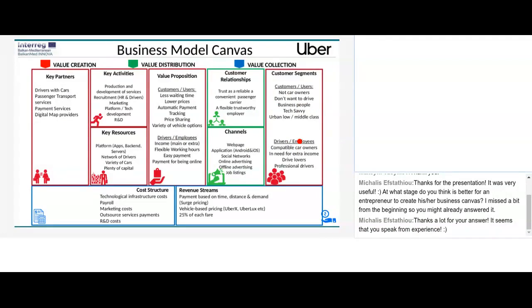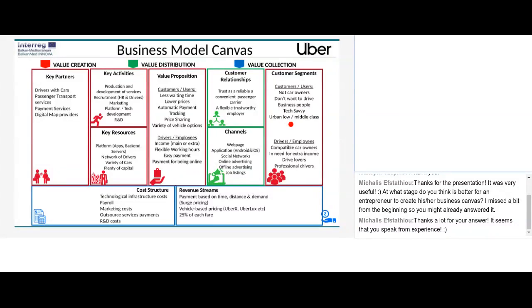For business people, as you saw before, Uber has some luxury car services or SUV services. Mainly tech-savvy people, people that love using technology instead of waving their hands or calling some cab company on the phone and having to deal with customer service with a physical person. Some people don't like that.